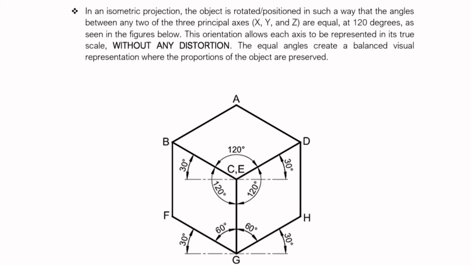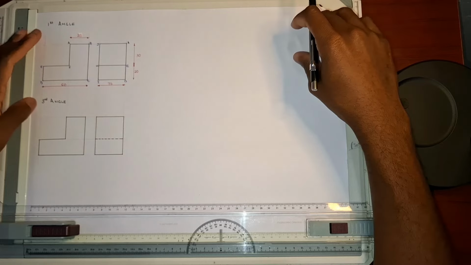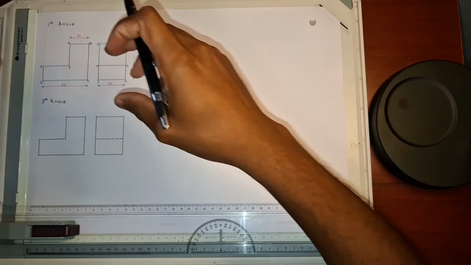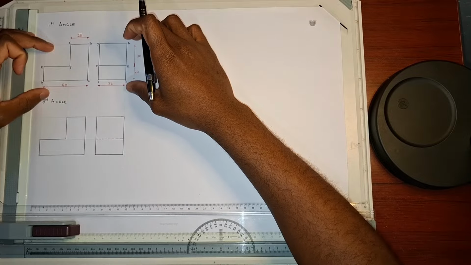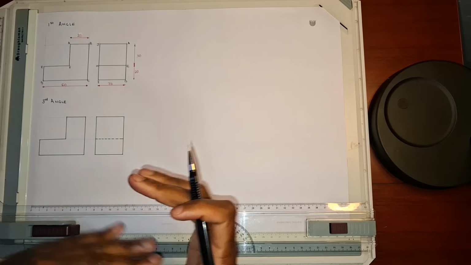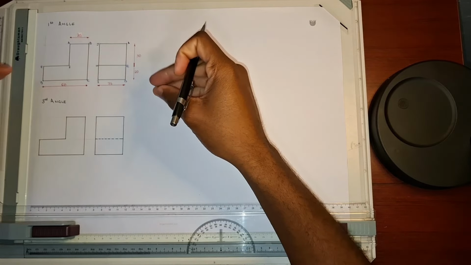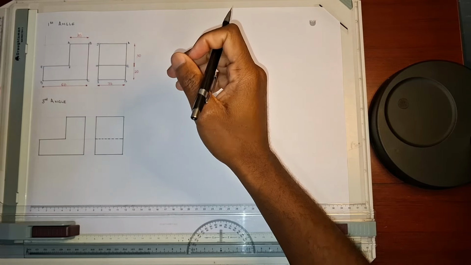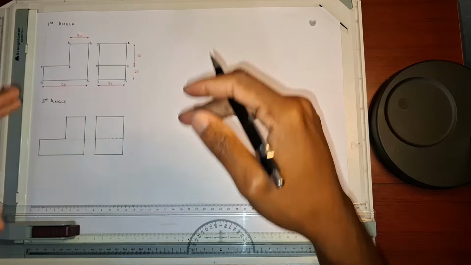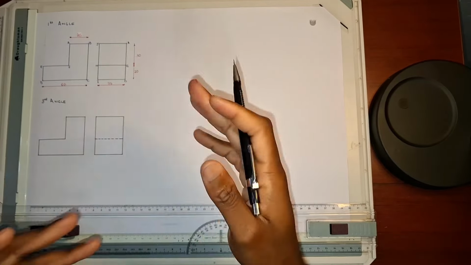Okay, so I want us to entertain this problem that I already have here on my A3. We have to convert this orthographic drawing into an isometric drawing, right? So we have the first and the third angle there. These two drawings look like they're the same, but they're not really the same. They're kind of like the same, but the orientation of the drawing is going to differ between the two drawings.